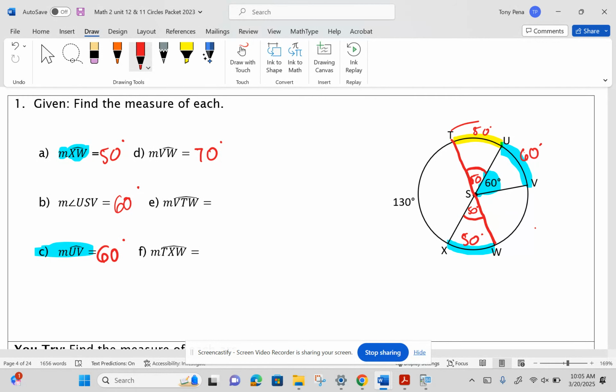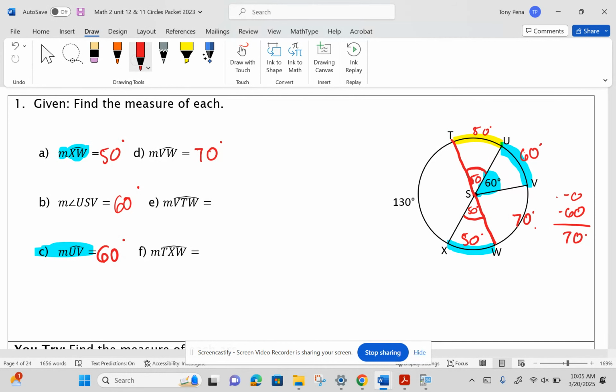So doesn't all of this right here have to be 180 degrees? She subtracted the 50, she subtracted the 60, and what you would have remaining is 70 degrees, so this arc here had to be 70 degrees. Okay? Okay, get that? All right, do that.